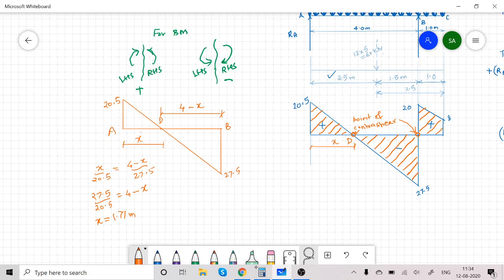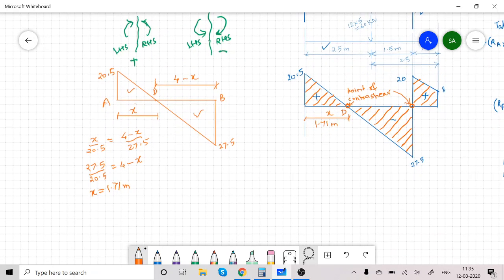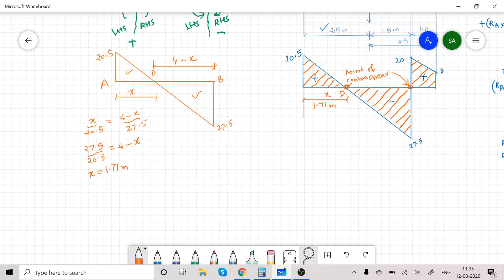I will repeat, using similar triangle principle, these are the two similar triangles. So X upon 20.5 must be equal to 4 minus X, because A to B is total 4 meter, upon 27.5. So X we get 1.71 meter. This is the important point because here the bending moment is maximum.